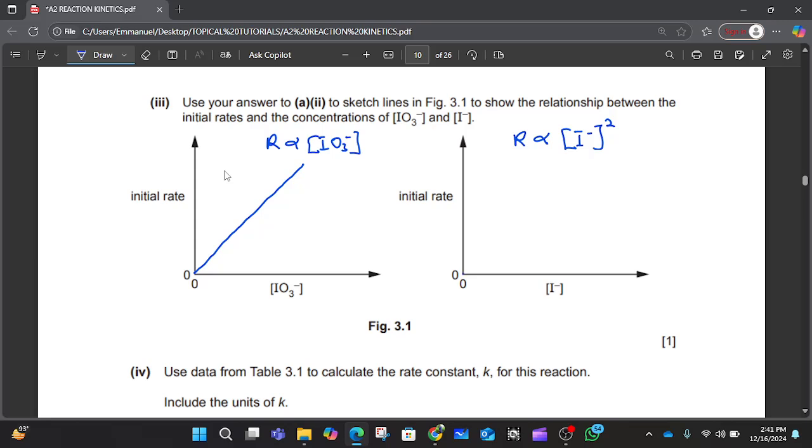And so the curve to show the relationship is this, which means an exponential increase in the rate as concentration also increases. This is a first order graph of rate plotted against concentration, and this graph is a second order graph for rate plotted against concentration.